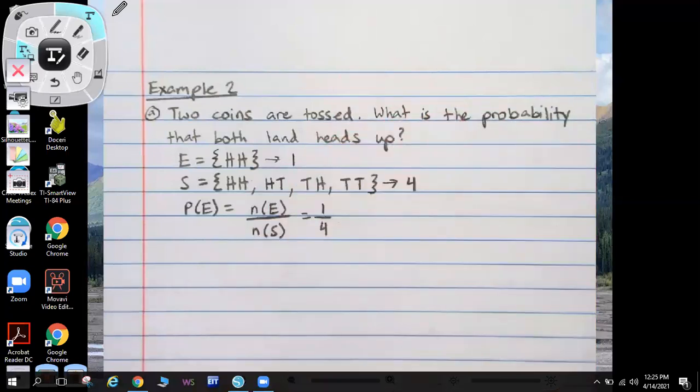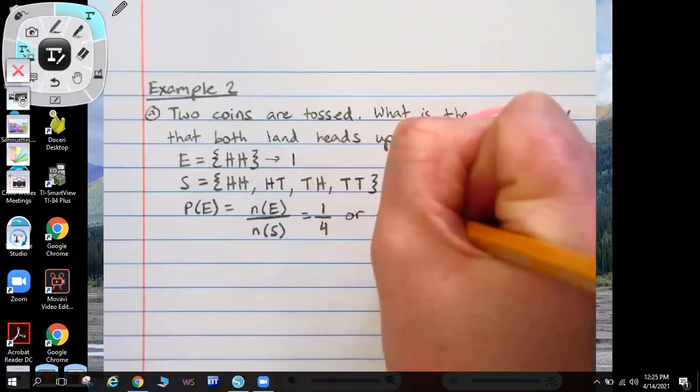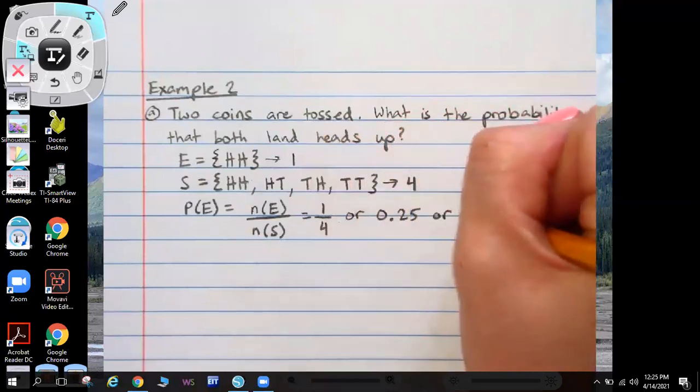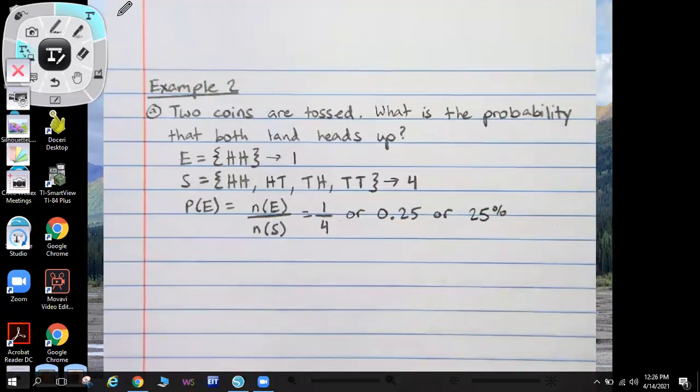So the probability of both coins landing on heads is 1/4. Or we could write that as 0.25. It could also be written as 25%. All right, let's look at part B.